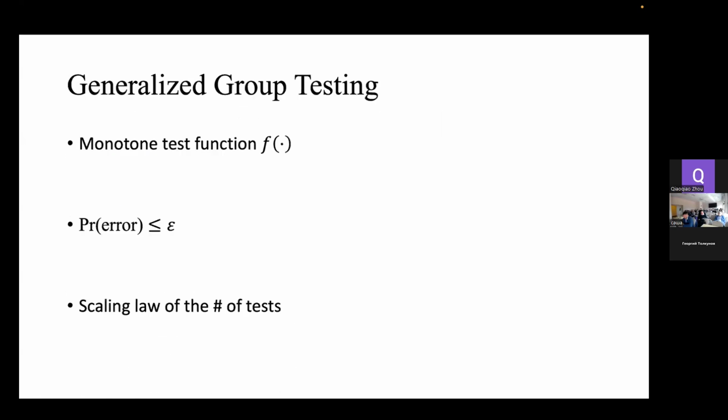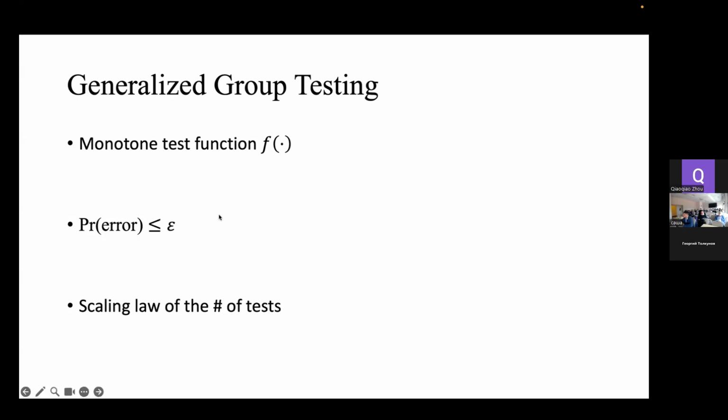Now the question is, under this generalized group testing, under these monotone test functions, we didn't make any other assumptions. We only know that the test function is monotone. Can we still identify the subset of defective persons or defective items?